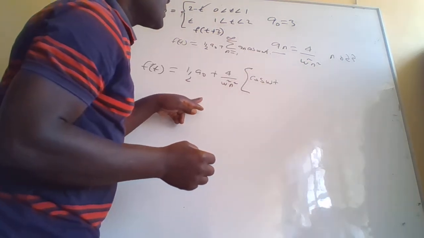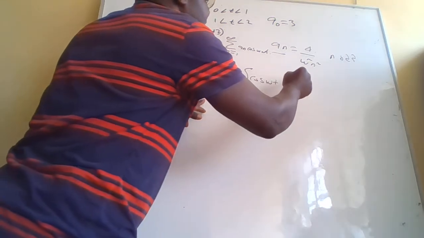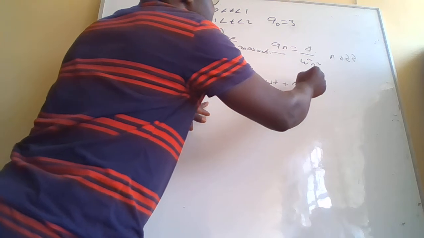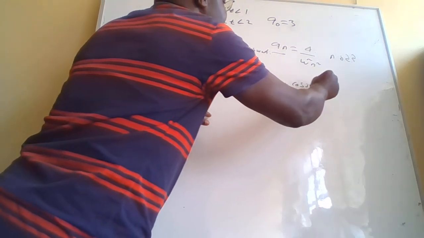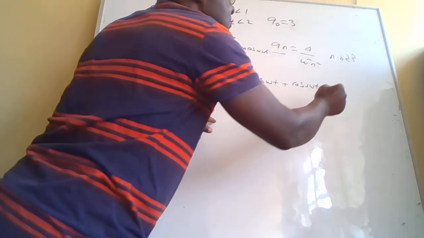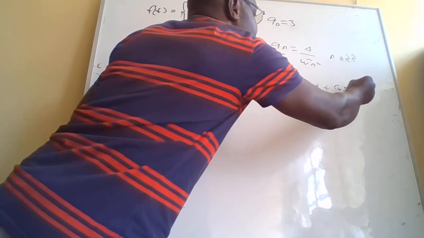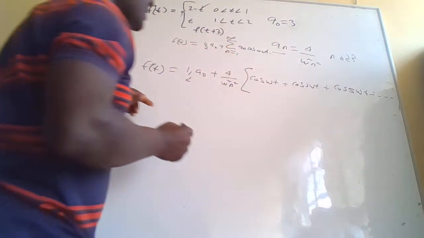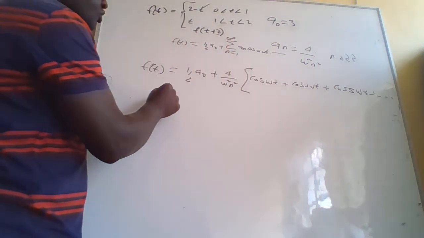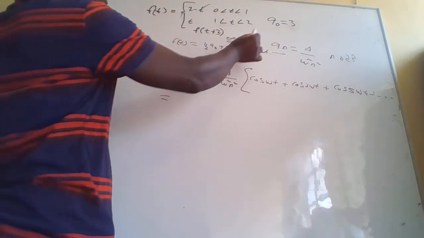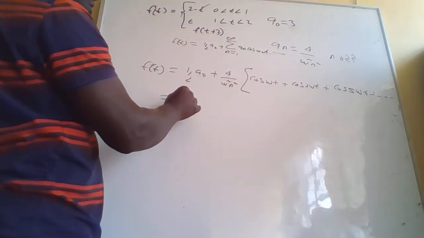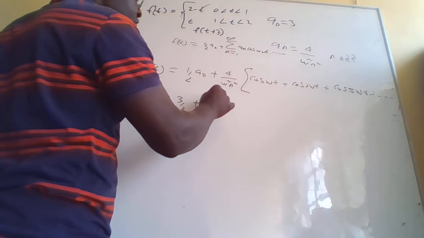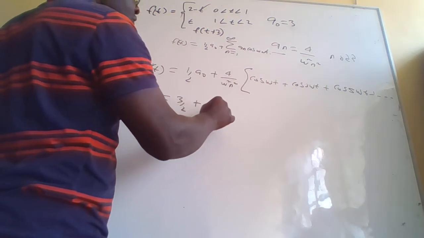When n is 3, so we have plus cos 3 omega t, then plus cos 5 omega t, and it continues like that. So this would be equal to, but what was our a naught? Our a naught was 3, so we have 3 all over 2 plus 4 over omega squared.